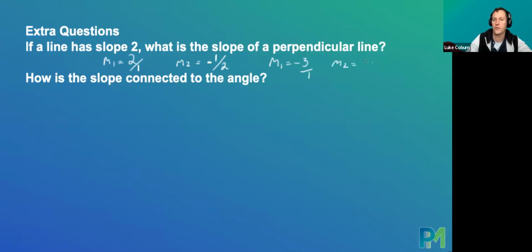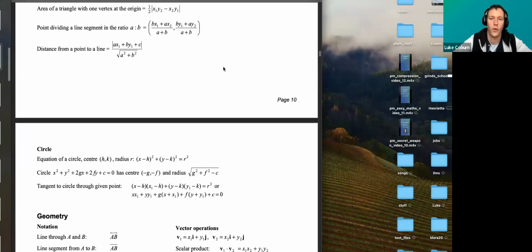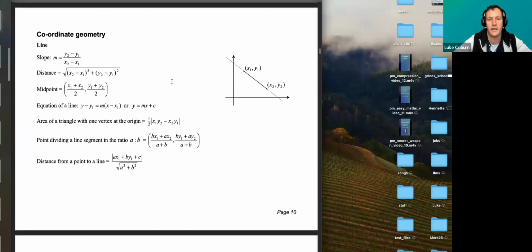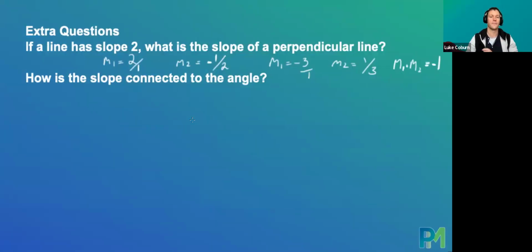M2 would be, invert that, then it's 1 over 3, and change the sign from minus to plus. What we need every time is that when we multiply the 2 slopes, they end up being equal to minus 1. That's the one formula in this section that isn't given on this page, so that's the one you have to remember.